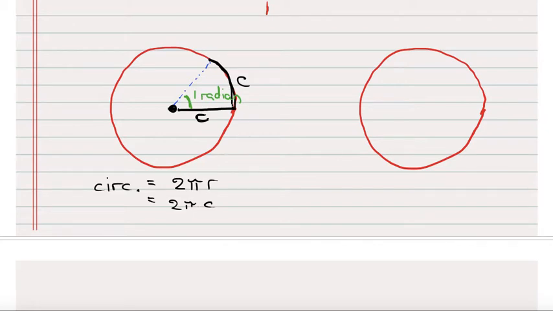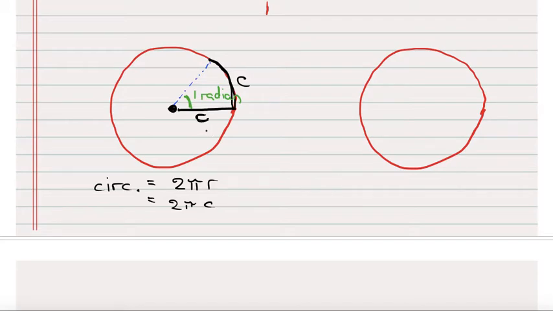This tells us the full distance if we walked around this red edge. But what we're trying to define is a way of describing the angle inside the circle. And what we've said up here is that for an arc that is of the same length as the radius, we say it's 1 radian.